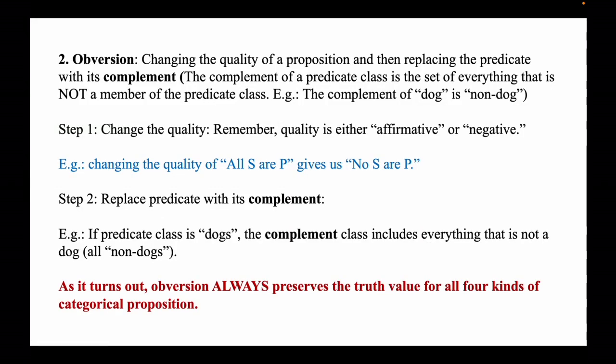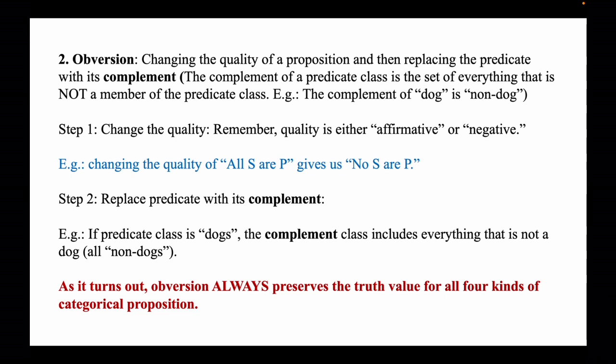Okay, let's move on to the second interesting logical operation, which we call obversion. Obversion means changing the quality of a proposition and then replacing the predicate with its complement. Now, what is the complement of a predicate?